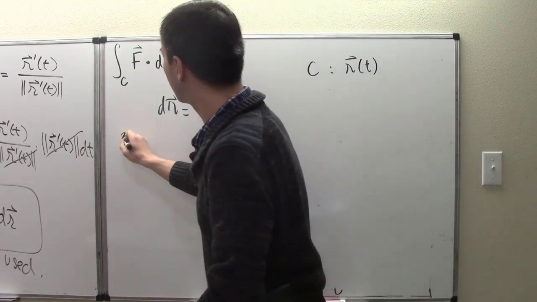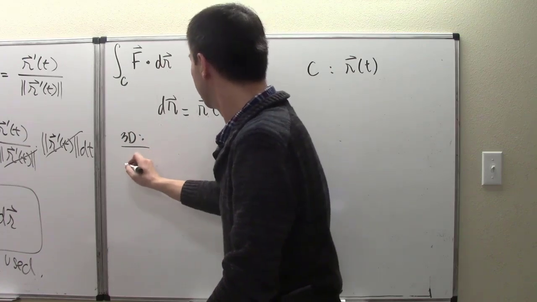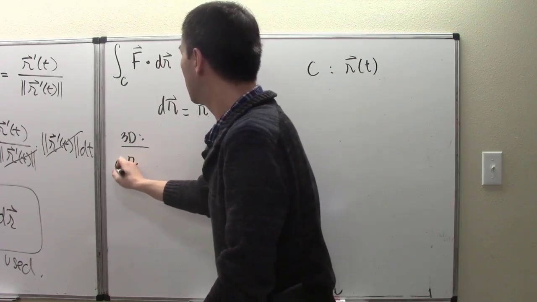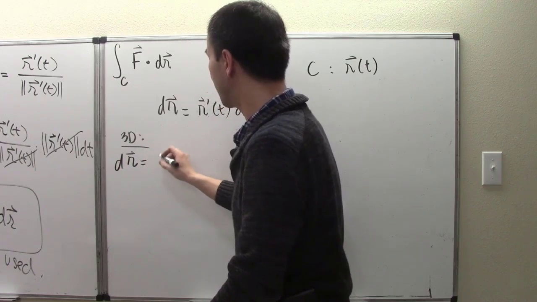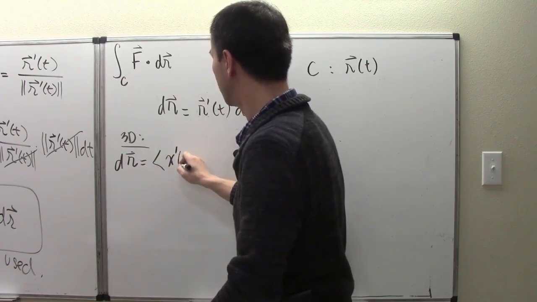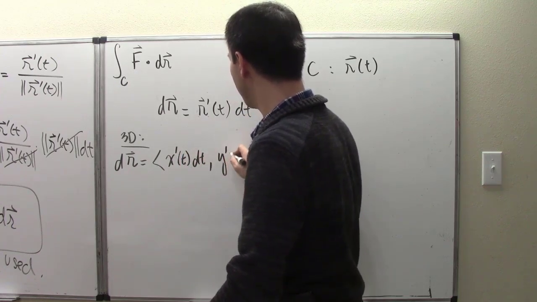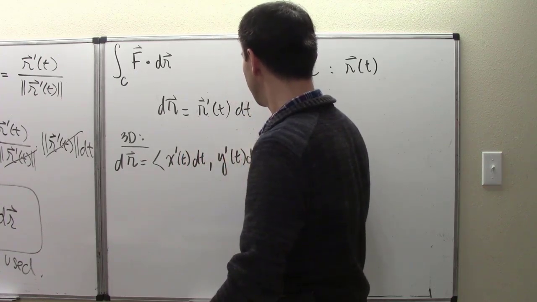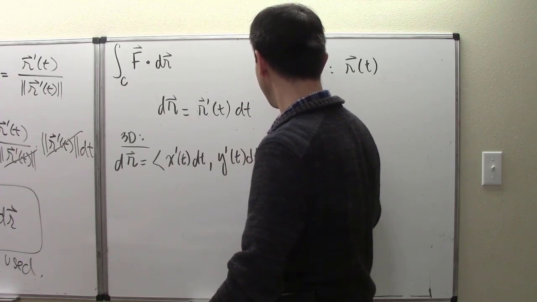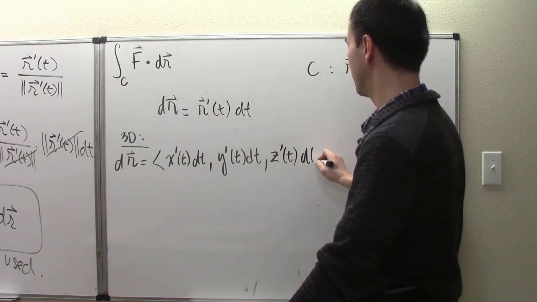So for a 3D version, we have dr right here, which can be argued to be the same as x prime of t dt, y prime of t dt, and z prime of t dt.